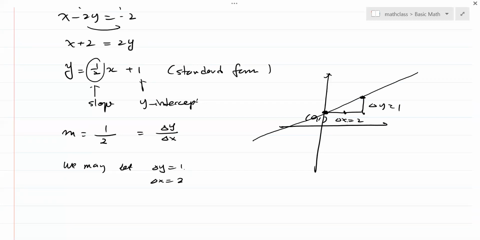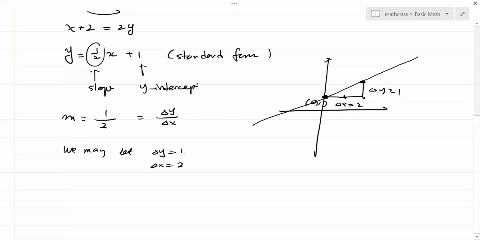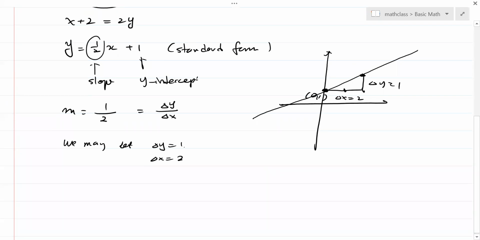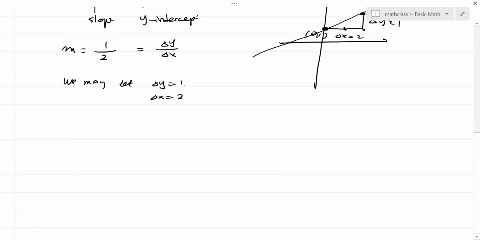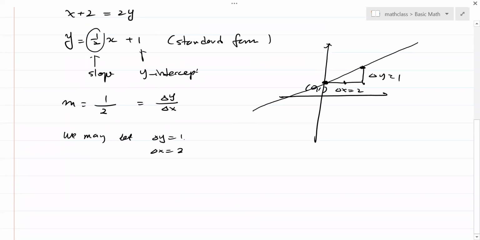Yeah, but of course you can find another point besides the y-intercept. Then you draw the line through those 2 points. Okay. You can also find another point from the equation you're given.